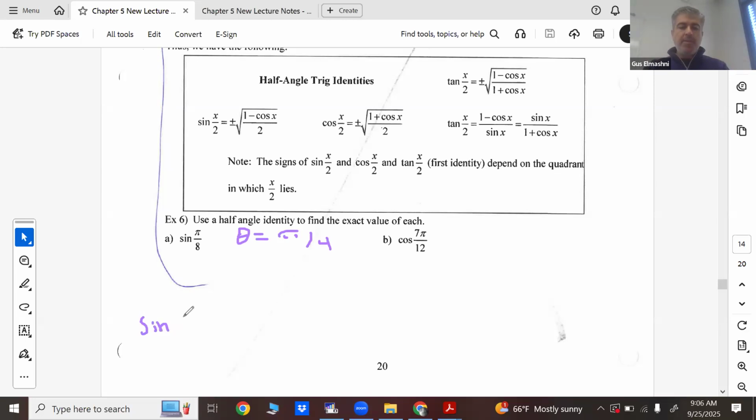So what I'm going to do is sine of pi over 4 over 2 will equal plus or minus, I'm just plugging into the formula, the square root of 1 minus cos pi over 4, all over 2.